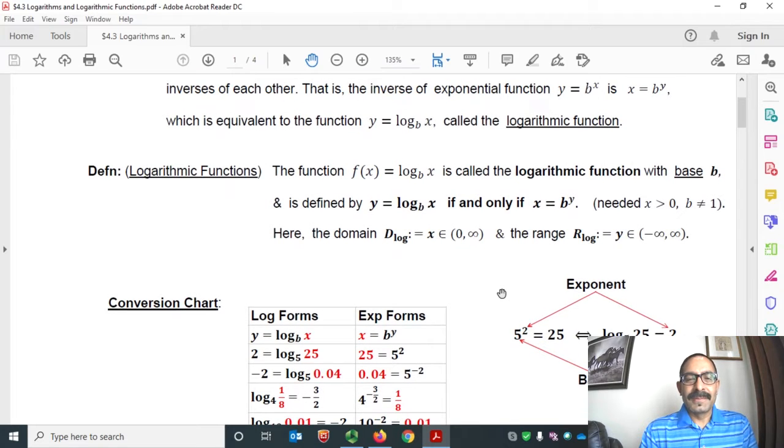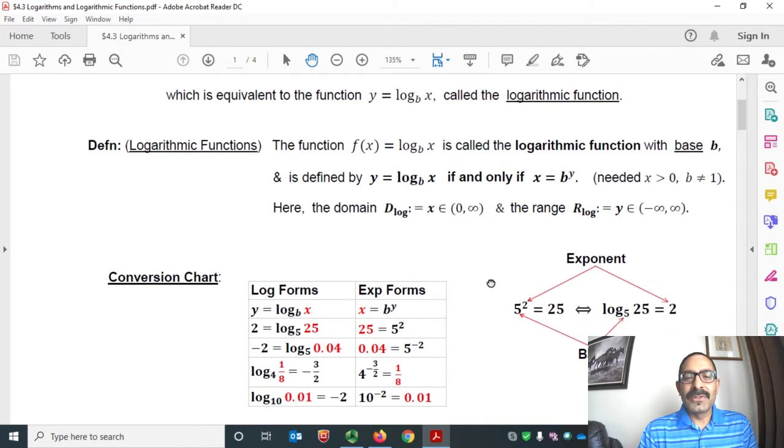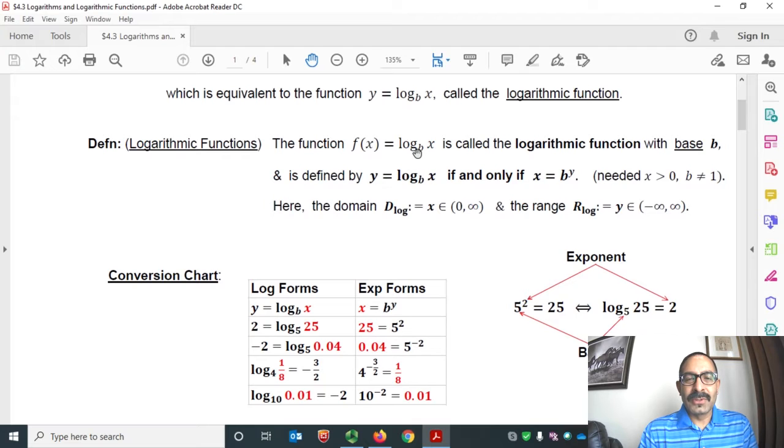Logarithmic functions. The function y equals log x to the base b is called a logarithmic function and is defined by using the equivalence relation y equals log x with base b if and only if x equals b raised to the power y. So this "if and only if" means equivalently.